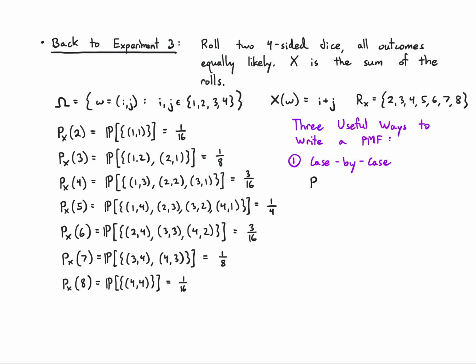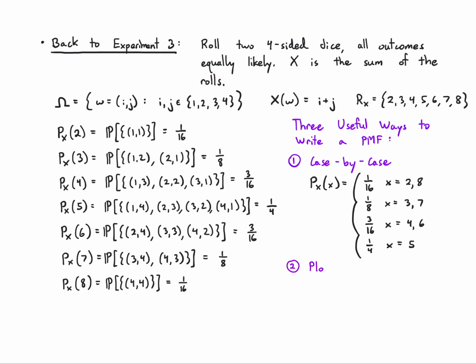The PMF can take the following values. The lowest value is going to be 1/16, which happens when x is 2 or 8. It can also be 1/8, when x is 3 or 7, or 3/16 when x is 4 or 6, or 1/4 when x is 5. Okay, so that's a little more concise.